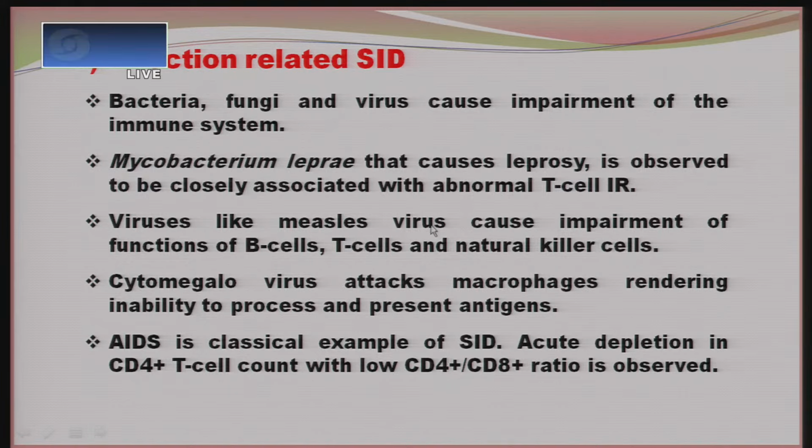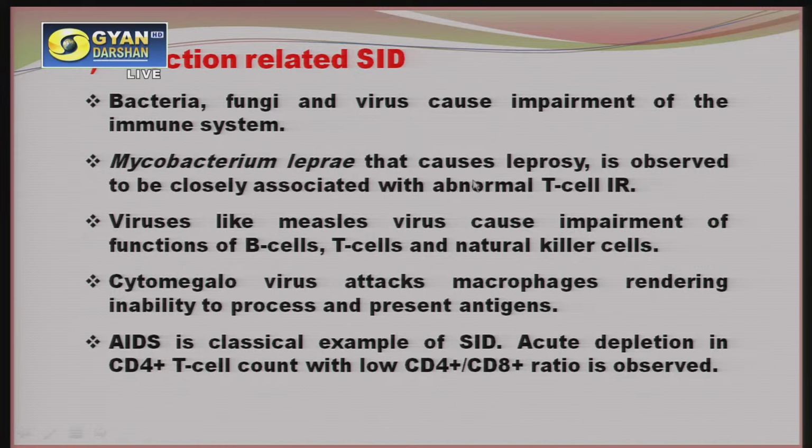Viruses like measles virus cause impairment of function of the B cell, T cell and NK cells. Cytomegalovirus attacks macrophages, rendering them unable to process and present antigens. So there are various infections, various viruses and bacteria like Mycobacterium leprae which are involved.